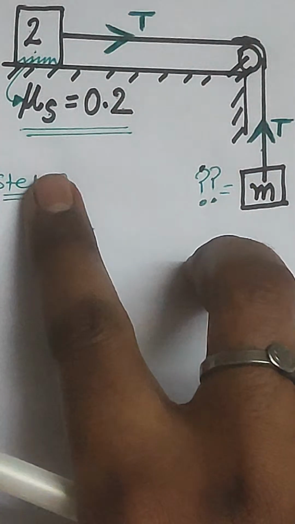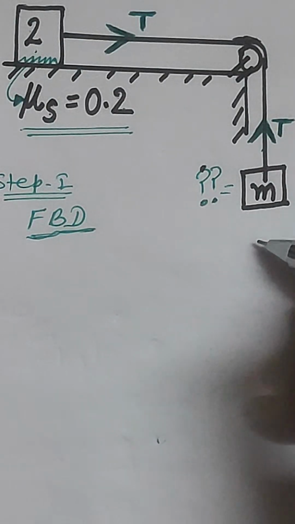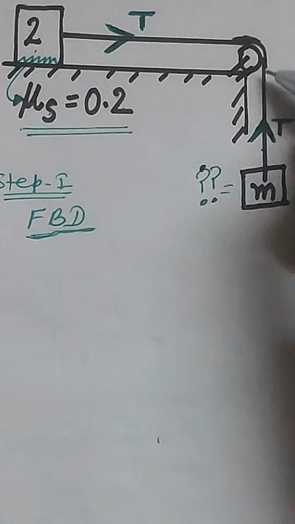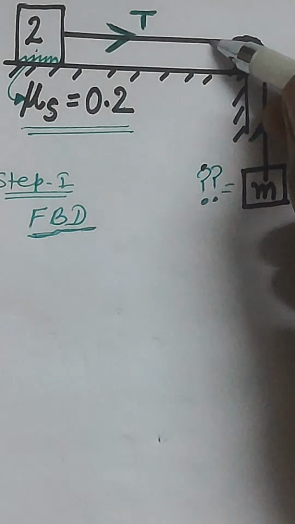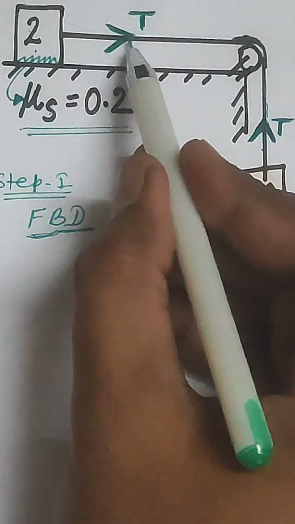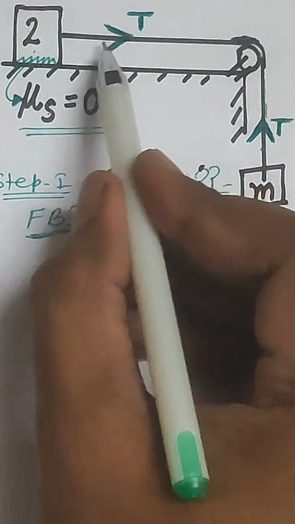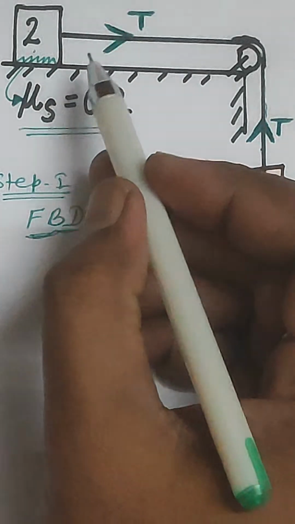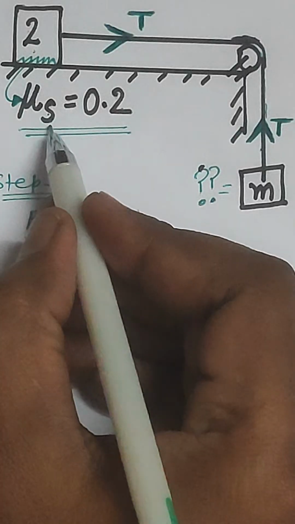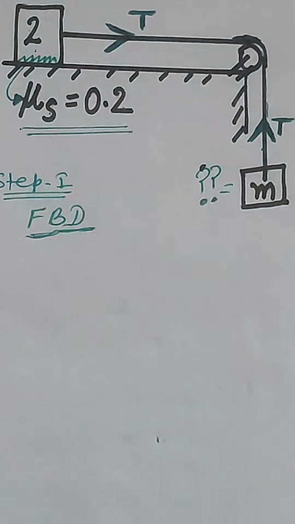The mass will be tending to move downward, this will be pulling and give a strain in the string, and this tension T is trying to pull this mass towards the right. So in this case the static friction is holding this 2 kg mass from sliding, right?